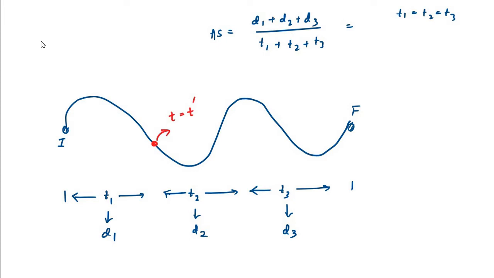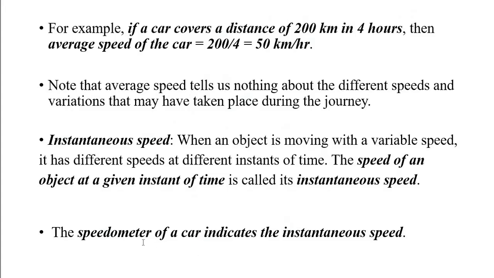What was the speed at this point? That speed at a specific instant is called instantaneous speed. This speed is given to us by the speedometer of the vehicle, which tells us at a particular instant how fast the vehicle is going.